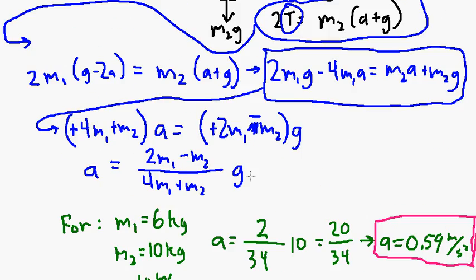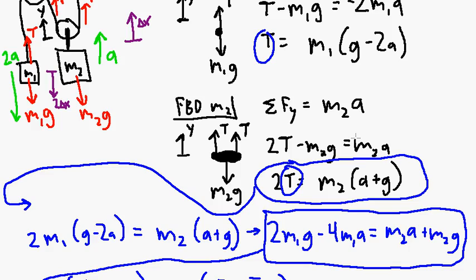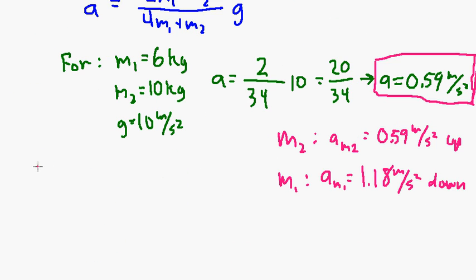So I just want to verify this. What's a good thing to check? Tension is M1 times G minus 2A, and we said A was 0.59, so 1.18 is 2A.